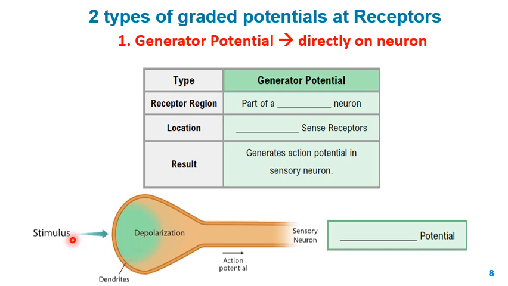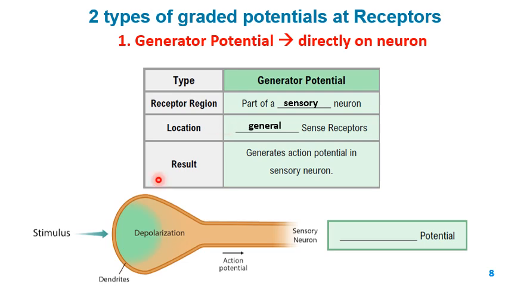And if you have enough of those graded potentials here, for example in sensory neurons for heat, if you have enough depolarization, then you are going to cause the action potential to go through this dendrite.